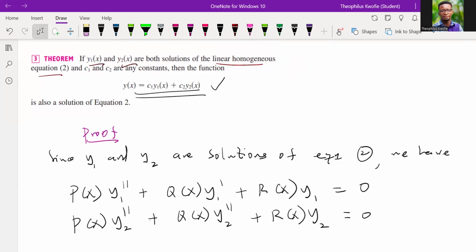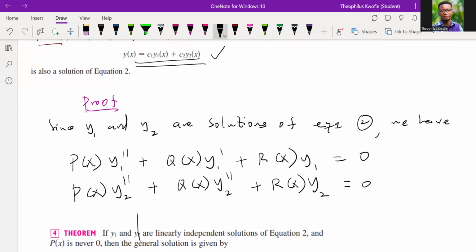Now, over here, we just have to apply the basic rules of differentiation.